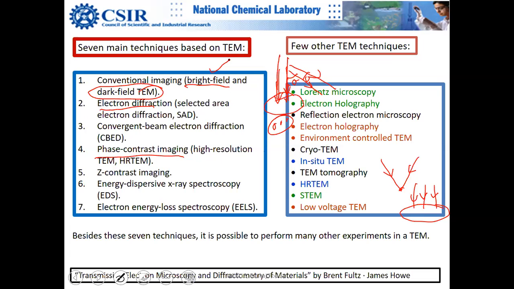So you see dark and bright dots, which represent actually rows of atoms. Okay, Z contrast imaging, we know that Z contrast, Z basically is your elemental mapping. Energy dispersive X-ray spectroscopy.